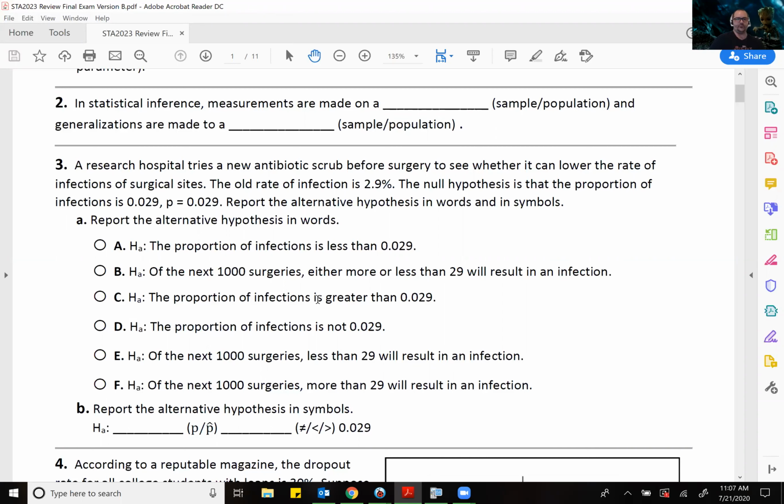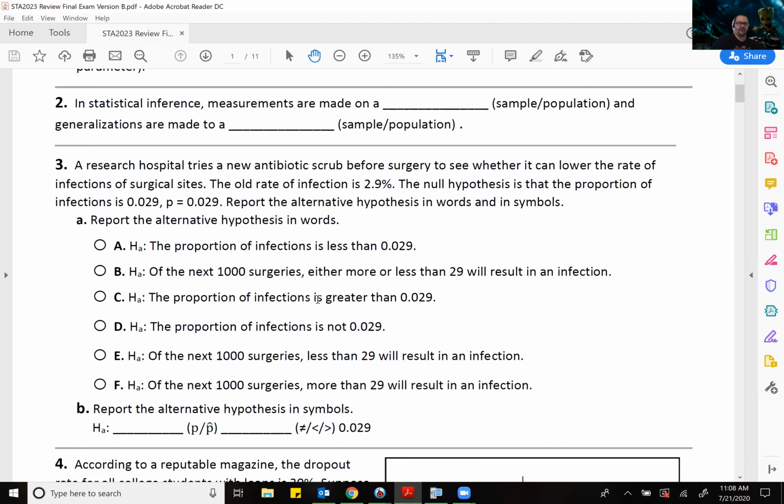It says a research hospital tries a new antibiotic scrub before surgery to see whether it can lower the rate of infections of surgical sites. The old rate of infection is 2.9%. The null hypothesis is that the proportion of infections is 0.029.